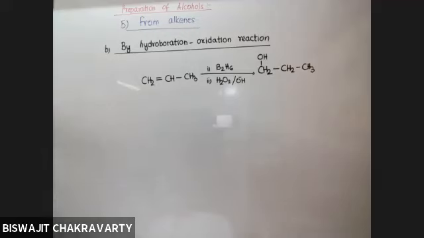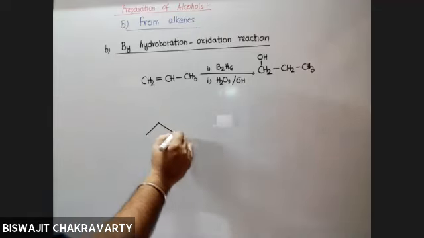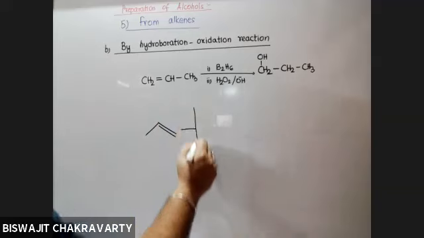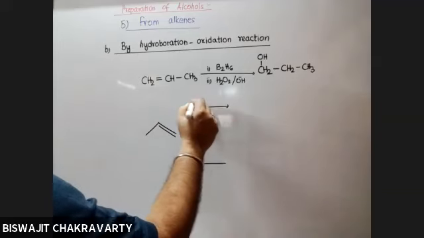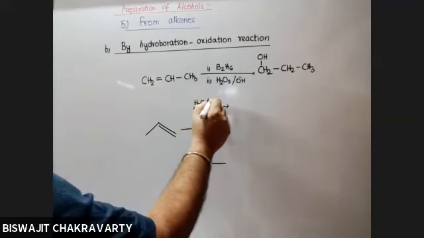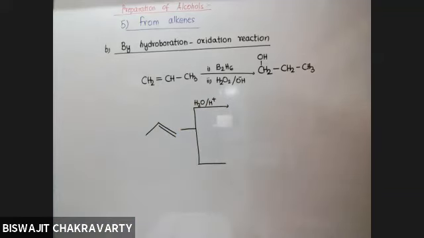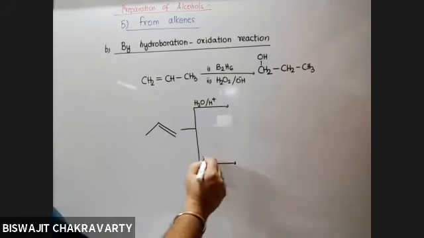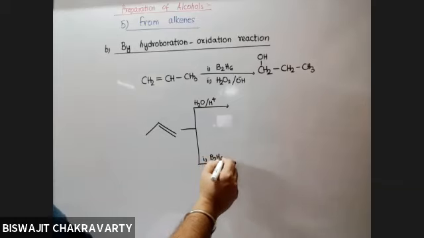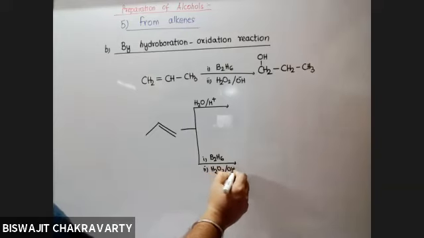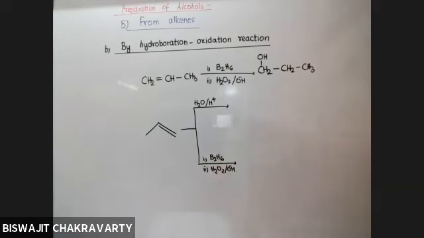Let me give another example so that the thing is clear to you altogether. In both the cases I have shown propene. Now if you have propene treated with water in presence of H plus, and diborane followed by hydrogen peroxide in basic medium, what kind of product are you going to get in the first reaction?